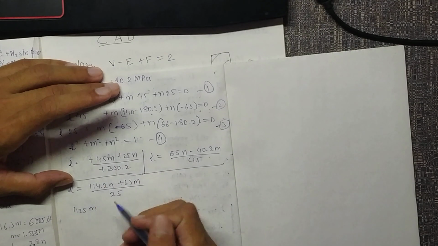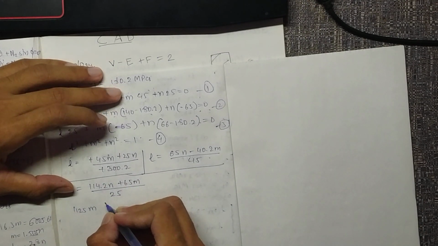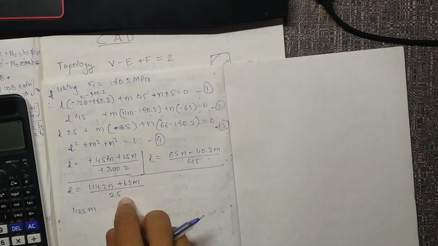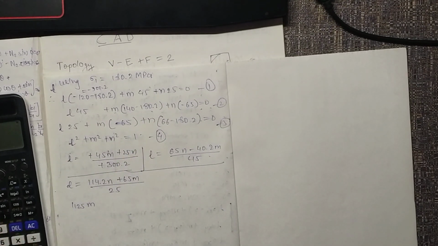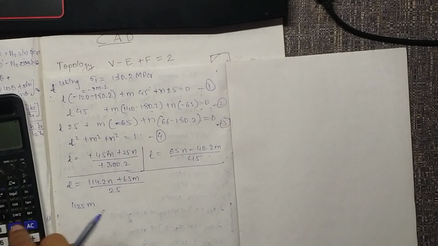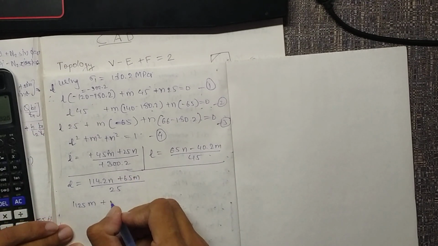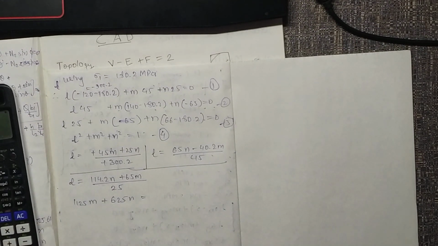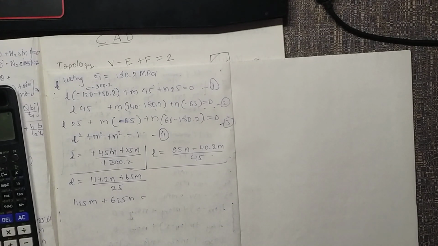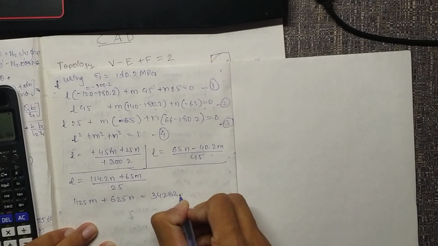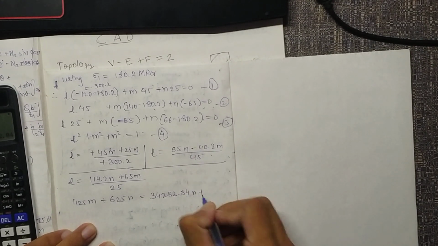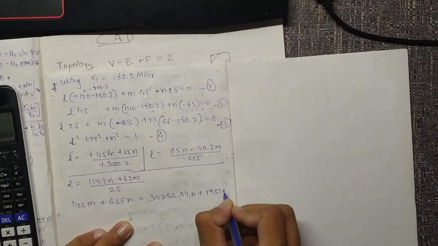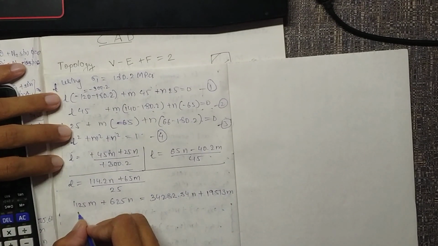So equating these two, 45 into 25, 25 into 25, plus 625 n equal to 2 into... so I have one relation between m and n here.